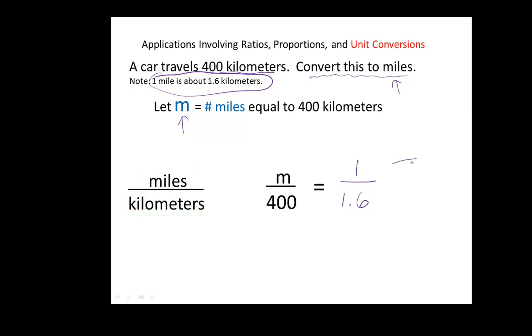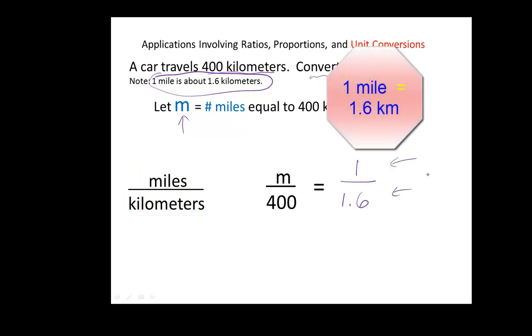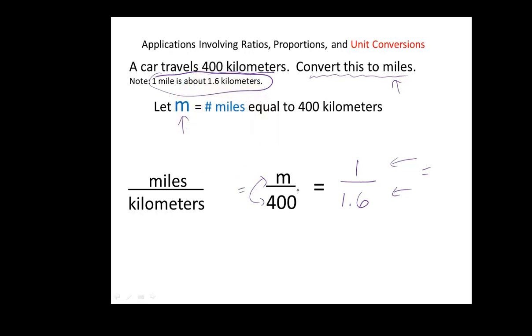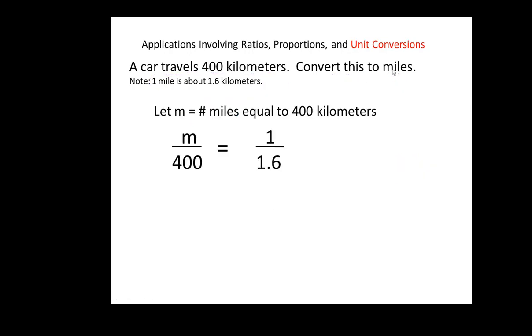Because these two quantities are actually equal, this whole fraction is equal to 1. So on the other side, these two quantities must also be equal. And that's how we're going to find M, the number of miles. So I have M is to 400 as 1 is to 1.6. This is the proportion we're going to use to convert our 400 kilometers into miles.